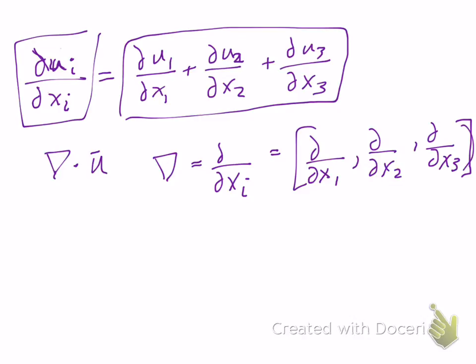If, on the other hand, you do dui dxj, what is that? If we add all of these together, is this a scalar, a vector, or a tensor?